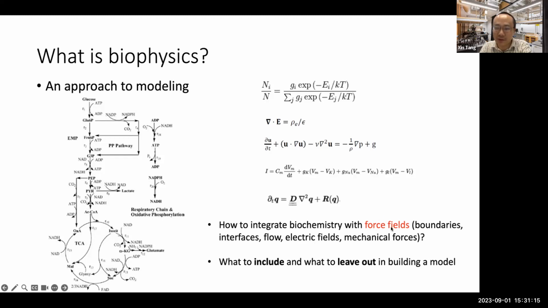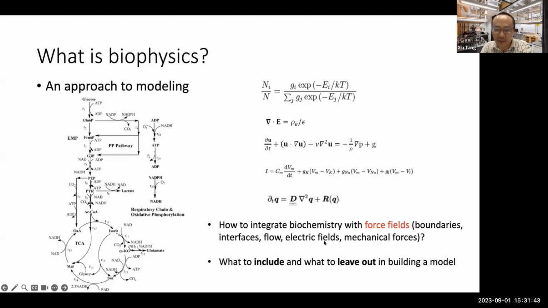with the force field. This force field will include both mechanical force as well as other factors, including the different boundary of the cell, and different interface of the cell, cell contact, and also the flow in the cell. In the cell, the fluids are moving; they are not static there. And also the electric field in the cell.